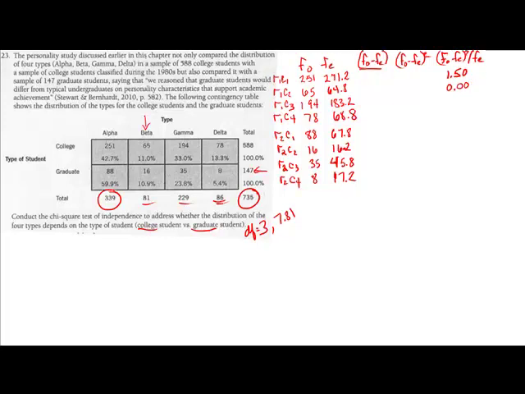Okay, 194 minus 183.2 squared, and then divided by 183.2 is 0.636. Let's call that 0.64. 78 minus 68.8 equals 9.2. Squared is 84.64 divided by 68.8 leaves me with 1.230.